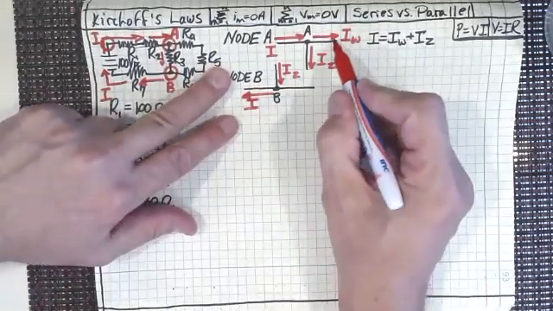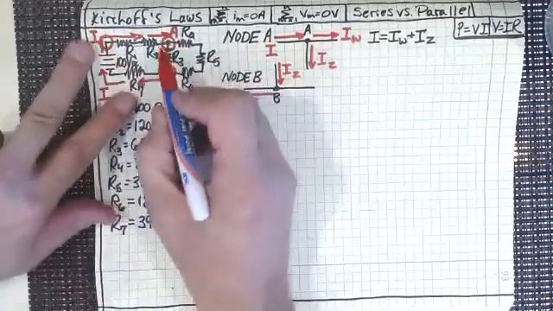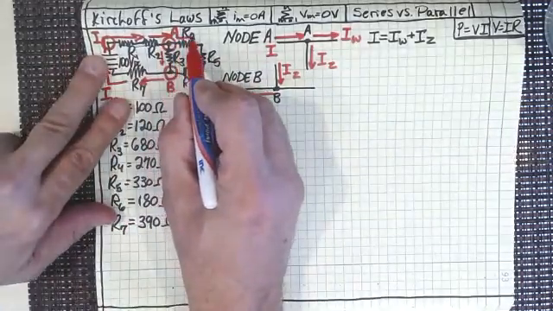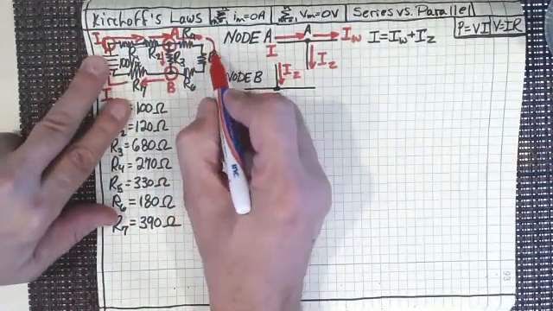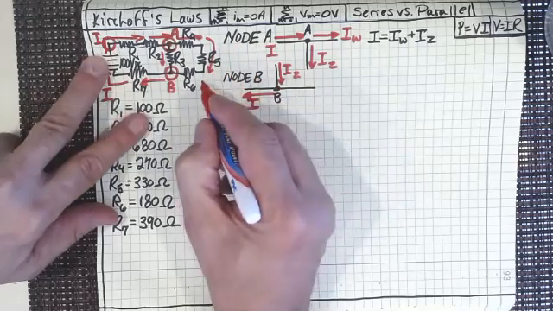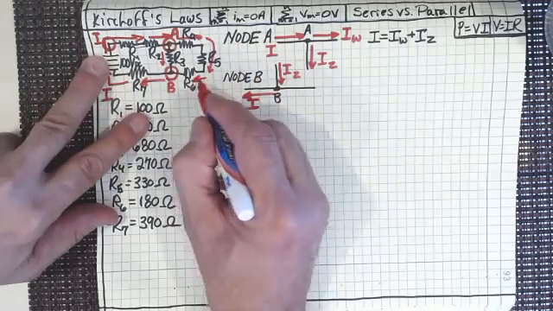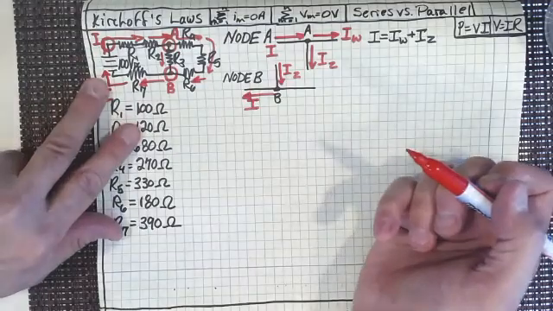And then where does this current go? This current flows out of here, and then it flows down here through R5, and then it flows back in this way, doesn't it?